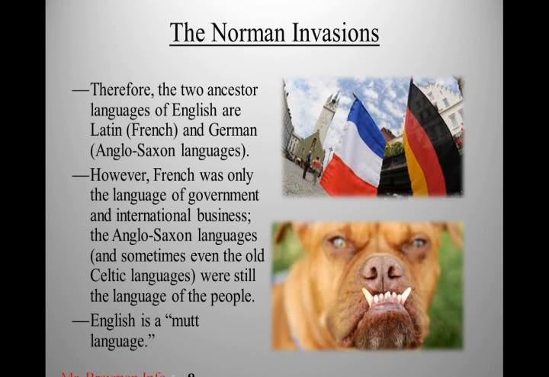I don't recall what tribe or what Indian language family raccoon comes from, but that's not an English word either. And so English also soaks up all of these words. And so that's why English is, by most people's count, the biggest language in the world in terms of number of words. It's also the most confusing language in the world because, again, of its varied history. But it's a mutt language. Very, very mixed up.